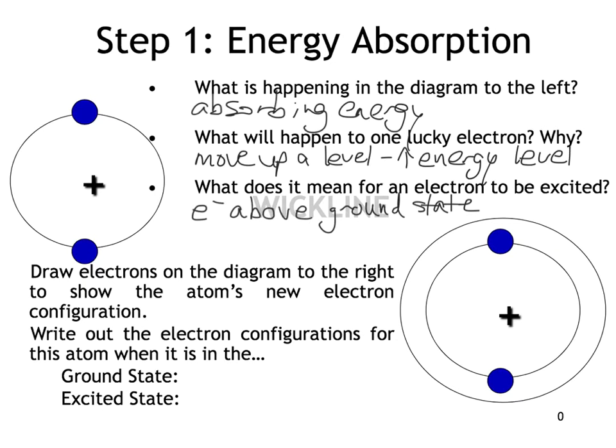So if you want to see this animated tomorrow, I can show it to you. But basically, we're going to draw in the new electron configuration for the atom once one of the electrons absorbs energy. So right now, they're both still in ground state, but I'm just going to put in a little arrow that shows one of them moving up to a higher orbital.